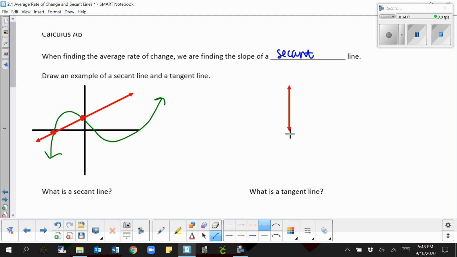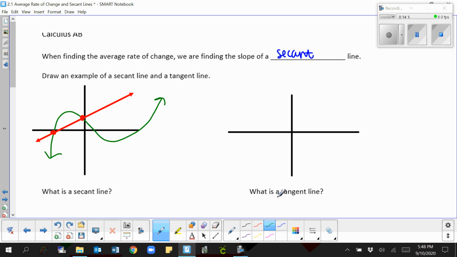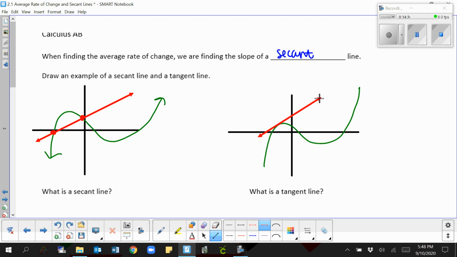And so now what we're going to start talking about are tangent lines. And so if I have that same kind of graph, so it kind of looks like this right here, my tangent line is going to be a line that touches this at exactly 1 point, and only 1 point.